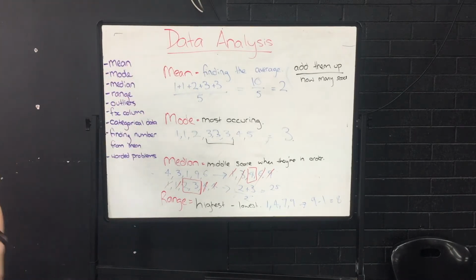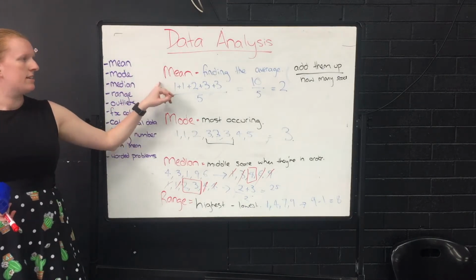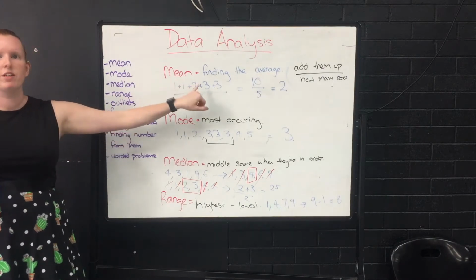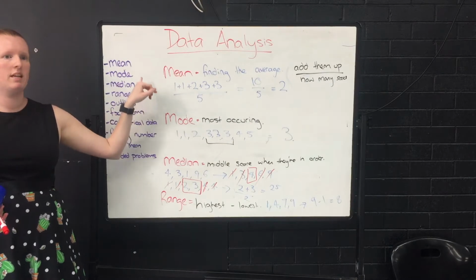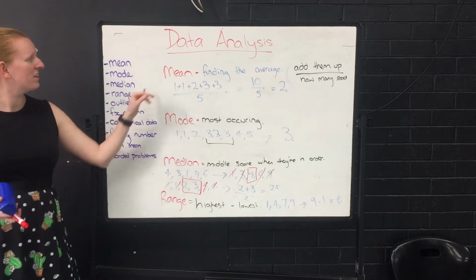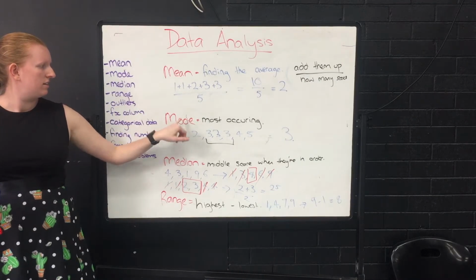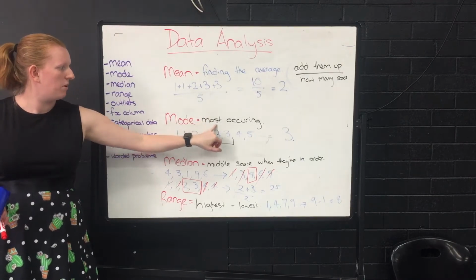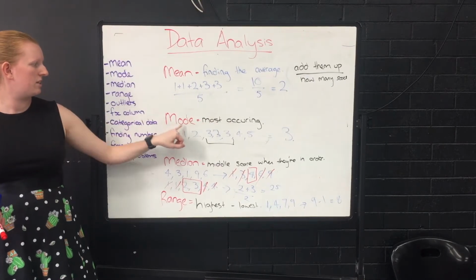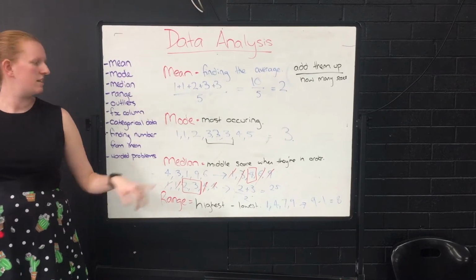The way to remember the difference is if I call you average, that's pretty mean. It's stupid, but that's how I remember it. Mode, M-O, is most, so M-O-S-T and M-O-D-E both have M-O at the start, so mode is most.